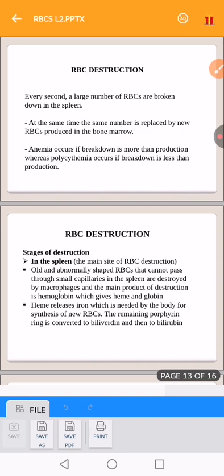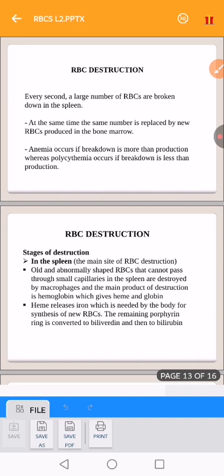That means when hemoglobin is destroyed, we have heme and globin. The heme gives us iron, and the iron recirculates. We have globin. The remaining porphyrin ring is converted to biliverdin and then bilirubin.